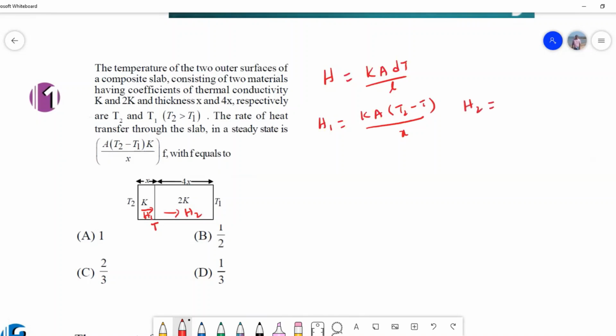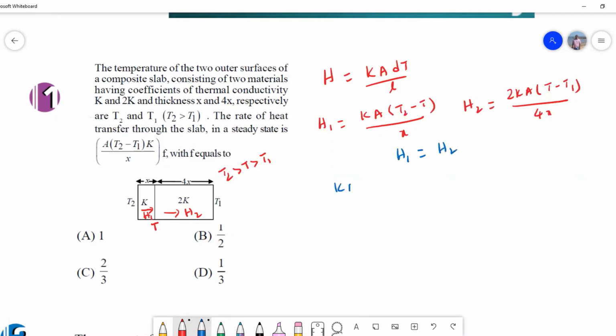Similarly, the heat current of the second rod is 2KA into T minus T1 whole upon the length 4x. Since heat is flowing from left to right, we can clearly say that T2 is greater than T1. Now let us equate H1 equal to H2.